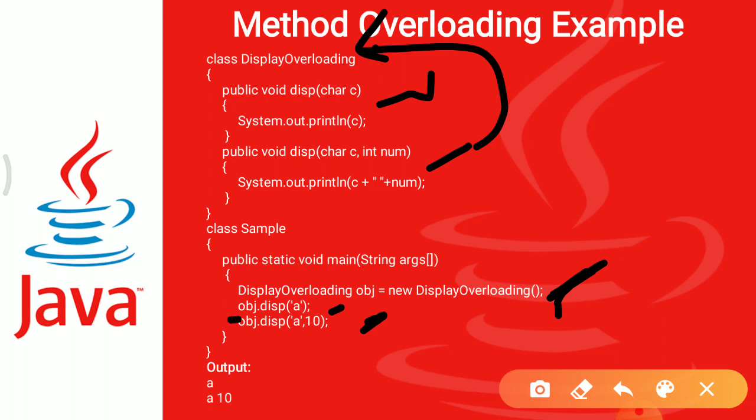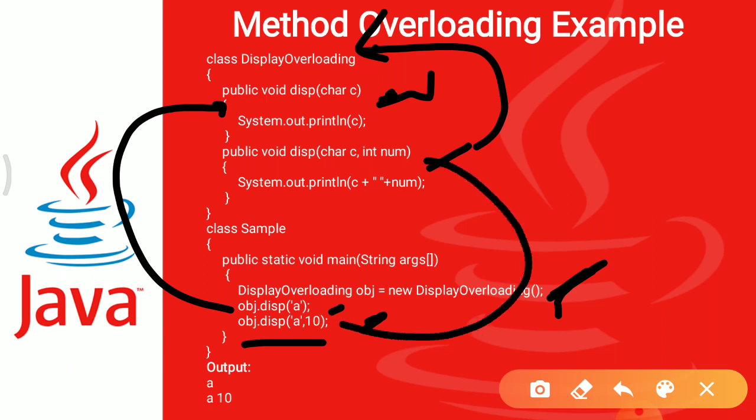It will go to the first one, because it consists of a single character, so it matches. System.out.println(c). After that we write obj.display('a', 10), so it goes to the second: character c is passed as a and num as 10. So this is method overloading.